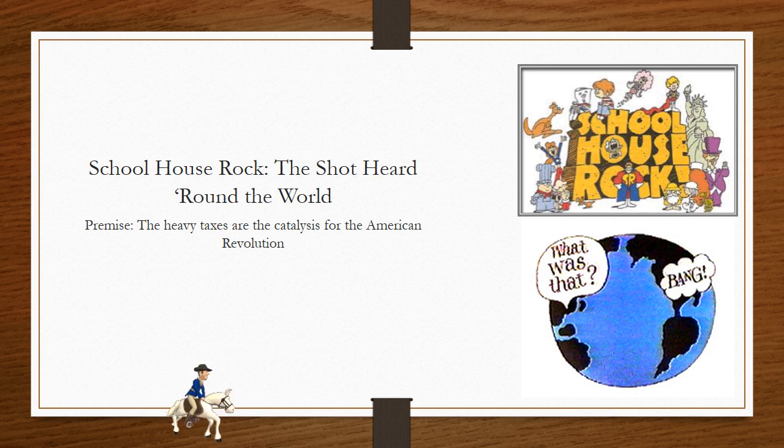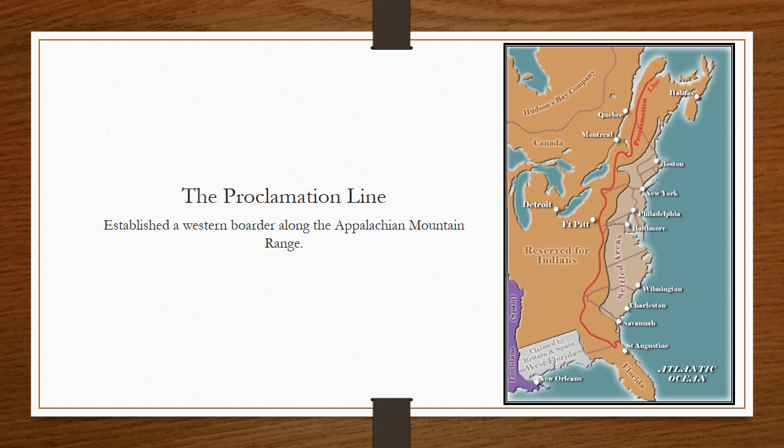Mainly, they came from the aftermath of the French and Indian War. First, with the proclamation line following the French and Indian War, it established the western border along the Appalachian mountain range.